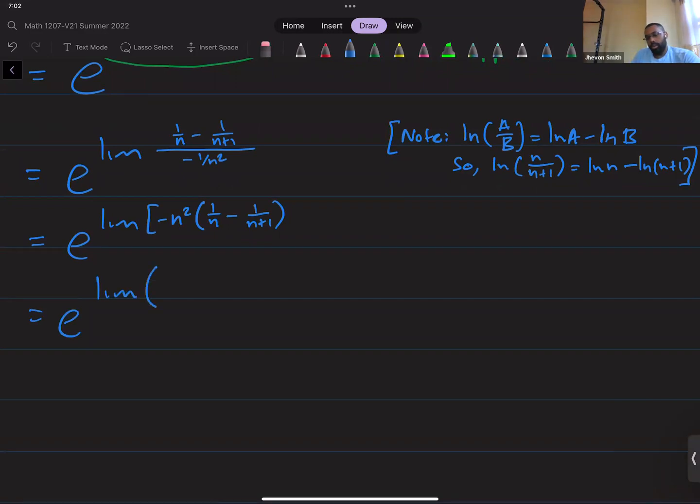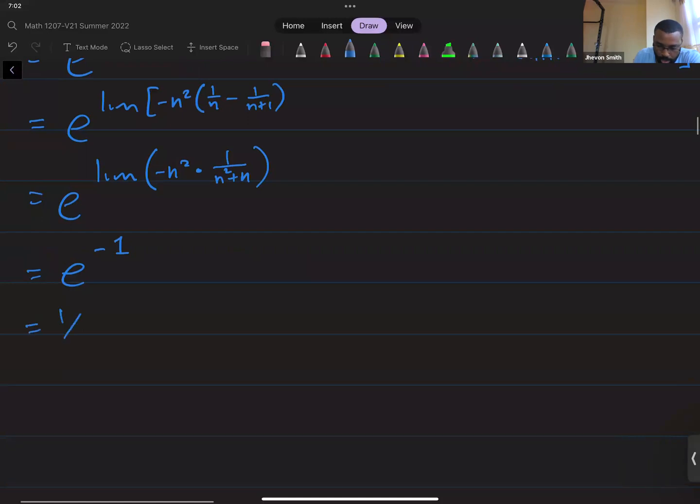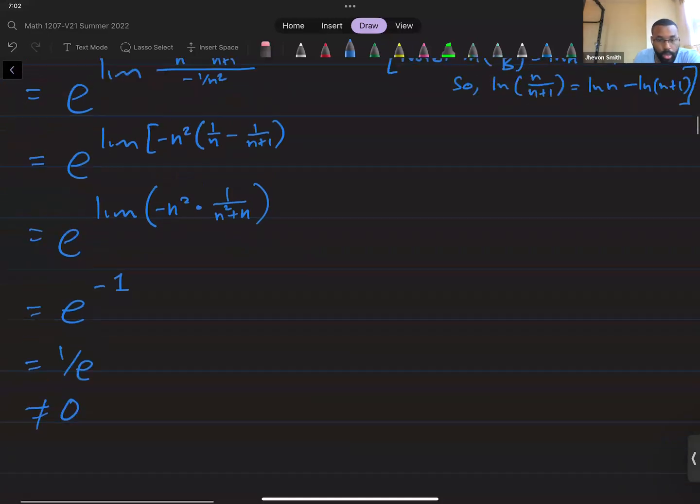If I combine these fractions, this is n squared over n squared plus n, and that approaches minus 1. So the original limit is e to the minus 1, which is 1 over e, which is not equal to 0.